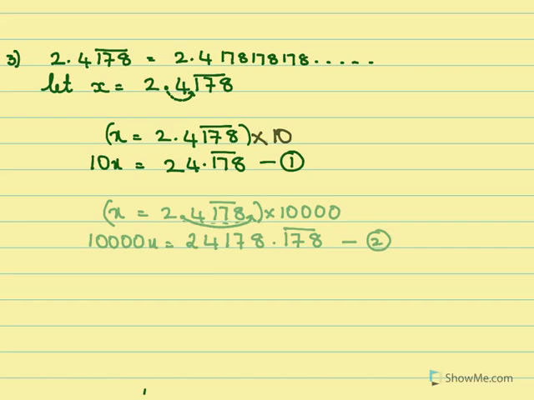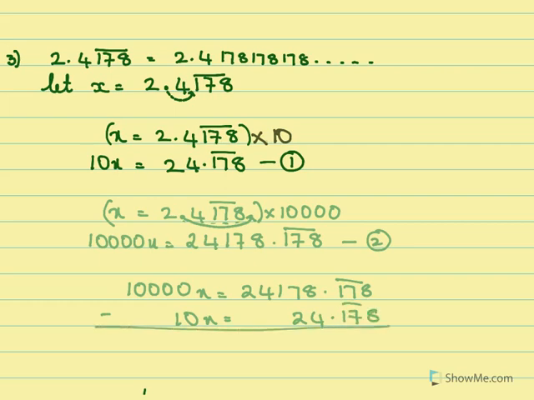Now subtract both these equations. So I'm subtracting, I will get 10,000x, 24178.178 bar minus you have 10x equal to 24.178 bar.